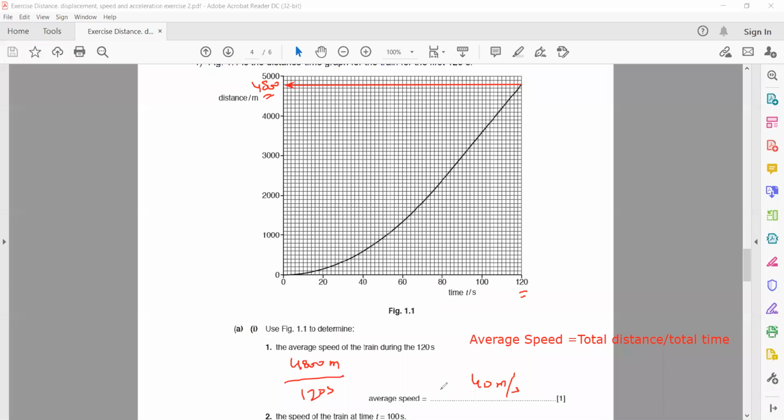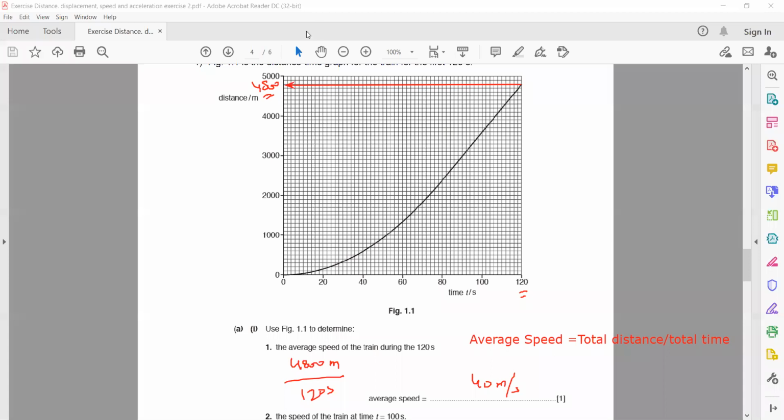As the average speed is the total distance divided by total time. Why is it not 4,998?